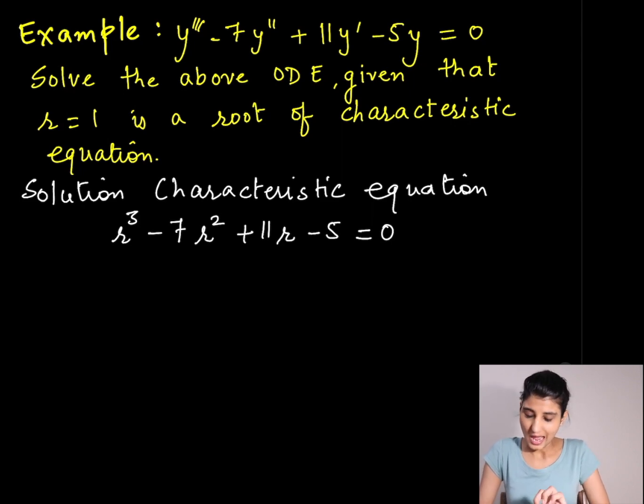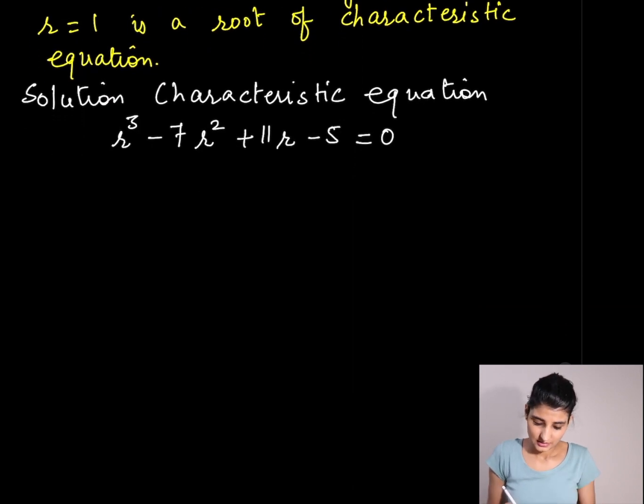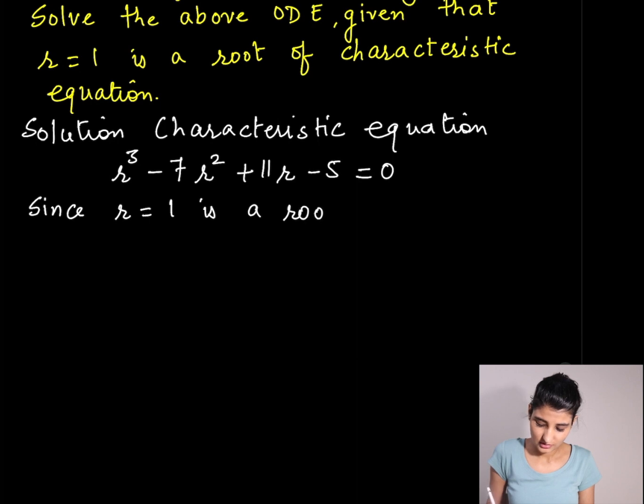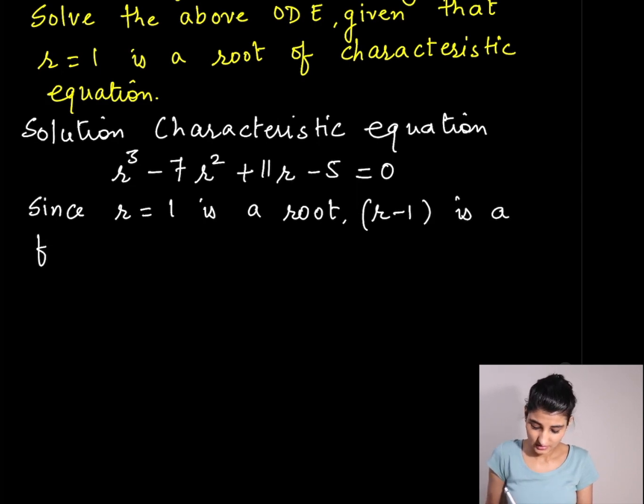We know that r equal to 1 is a root. So since r equal to 1 is a root, r minus 1 is a factor of above characteristic equation.